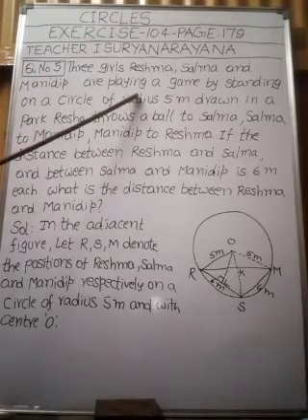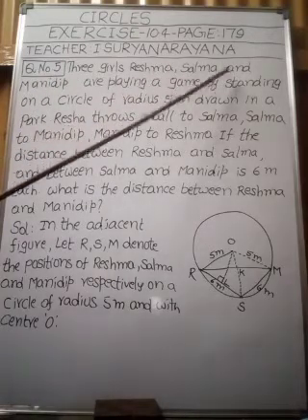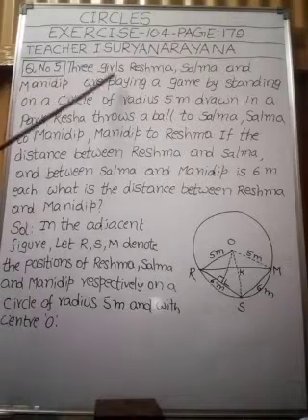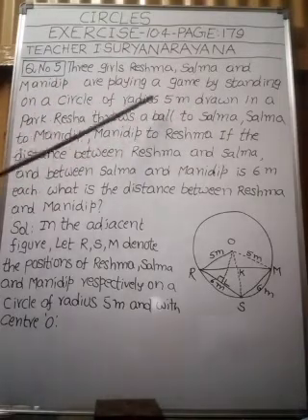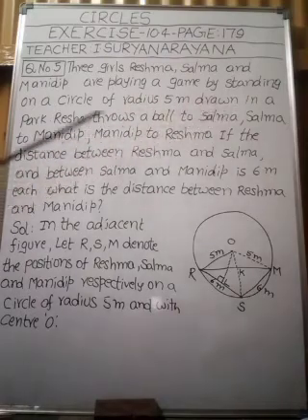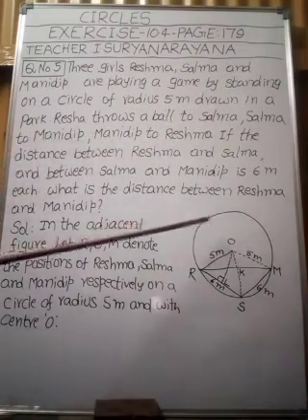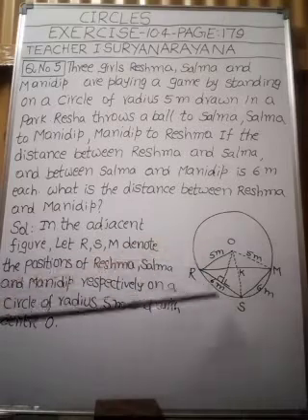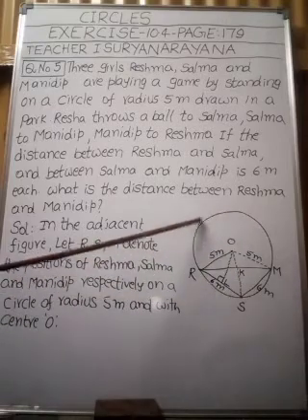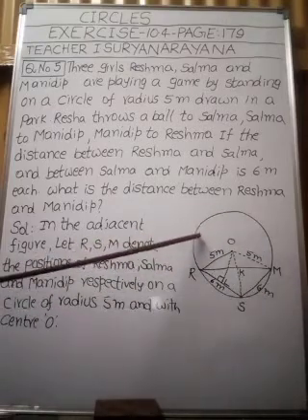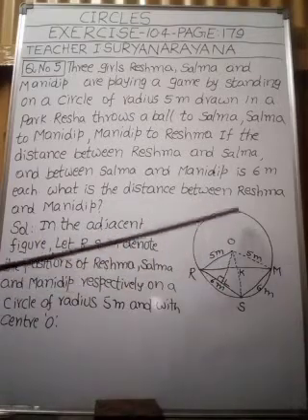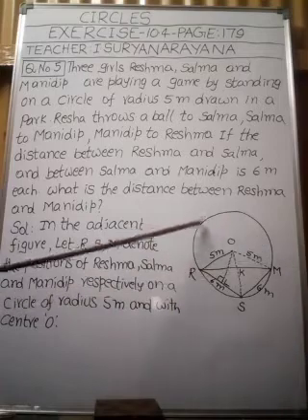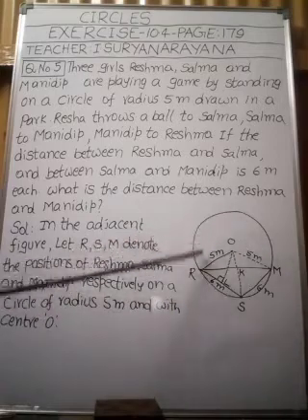Three girls, Reshma, Salma and Manideep, are playing a game by standing on a circle of radius 5 meters drawn in a park. Okay, my dear children, this is a rough diagram for the given data. Let us consider this is a circle with center O. Radius of the circle is 5 meters. This is a circular field.